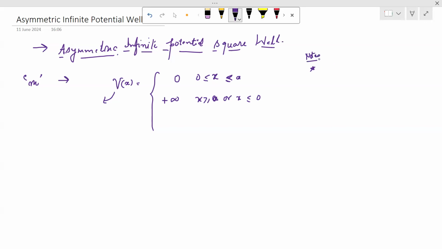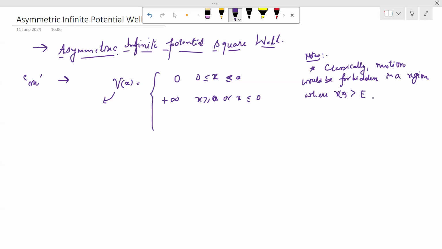The first note that you're going to take is: classically, motion would be forbidden in a region where the potential is greater than the total energy.